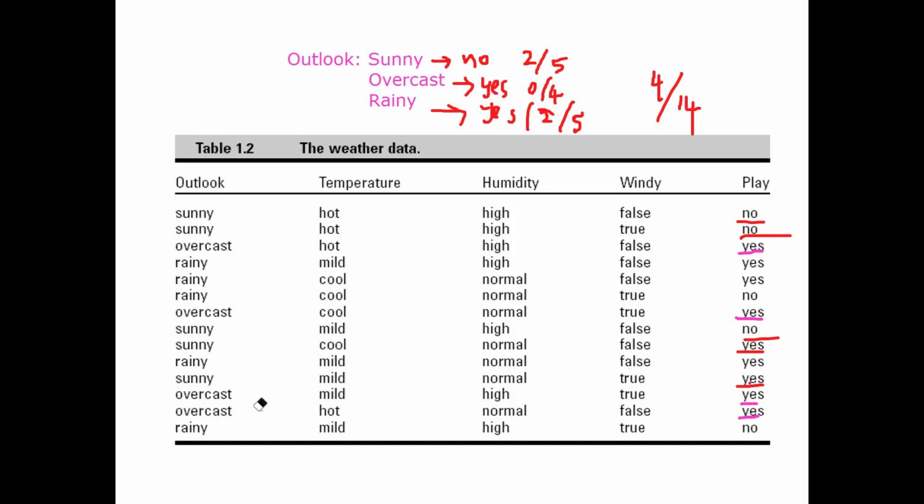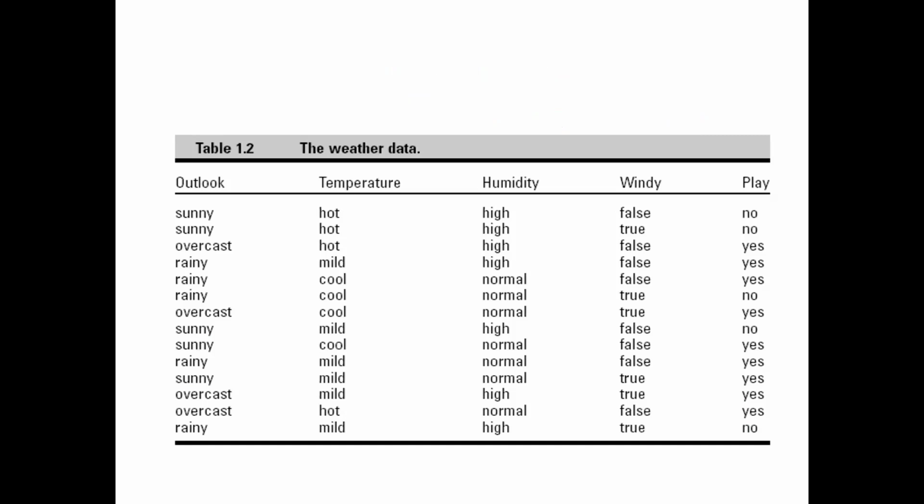Okay, similar to this one, small homework. Find the values for temperature. Similar to that, if you do, let's say, for temperature, we have hot, we have mild, we have cool.